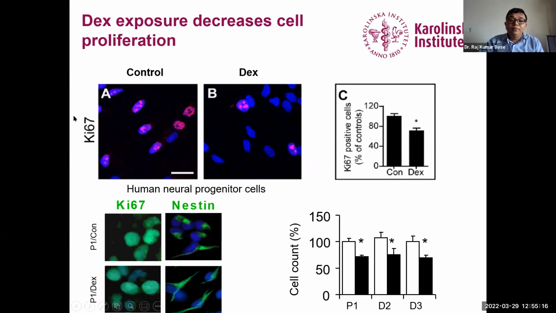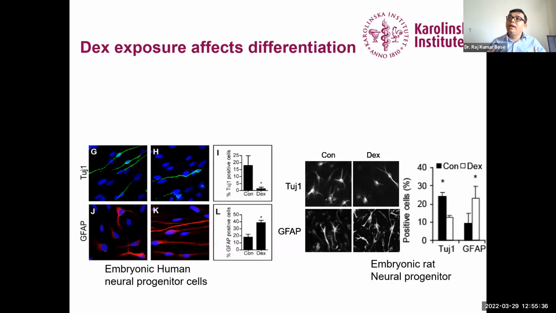If you want to study only the proliferating phase, then you keep adding EGF or FGF when you add the glucocorticoids. But if you go for differentiating, then you should remove this EGF or FGF and you go for spontaneous differentiation. And that's how we did.